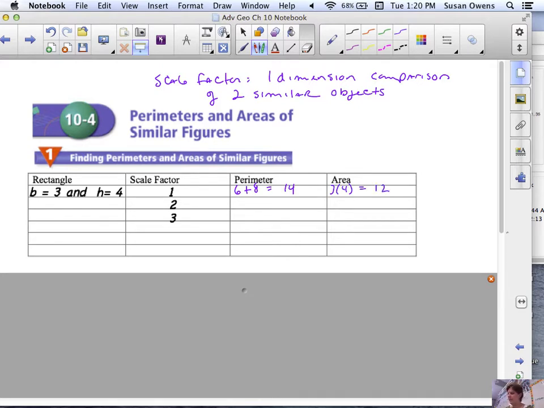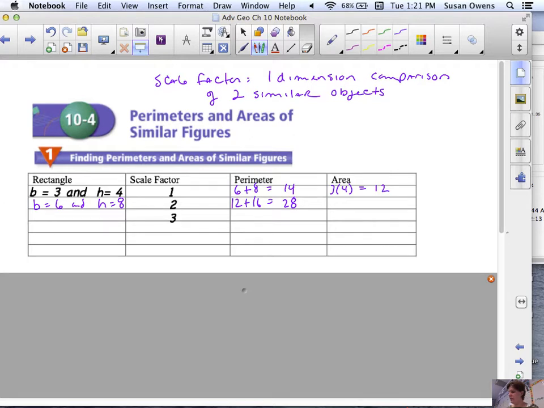Okay. Now I'm going to increase the scale factor by 2, which means the one-dimensional units are going to change by a factor of 2. So this would be now 6, and this would be 8. That's going to change the perimeter because now we have 2 of the 6's and 2 of the 8's, and we end up getting 28 as our perimeter.